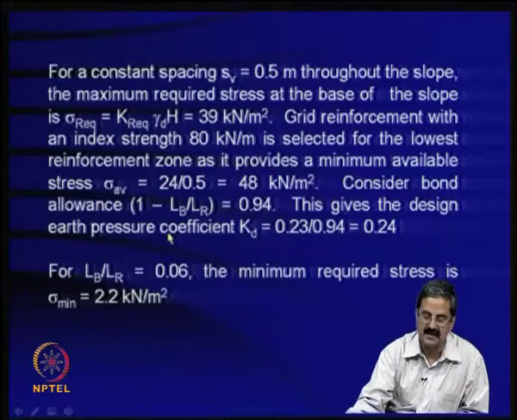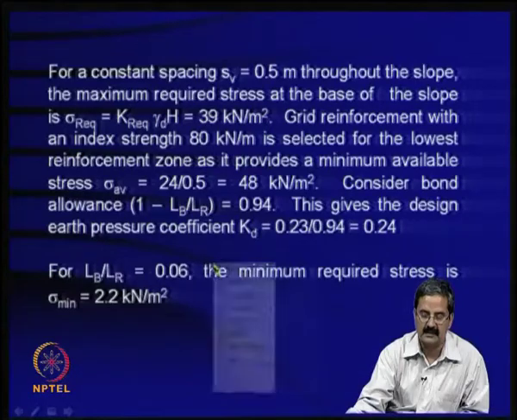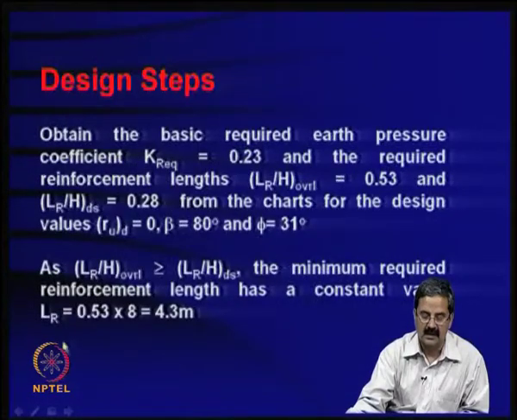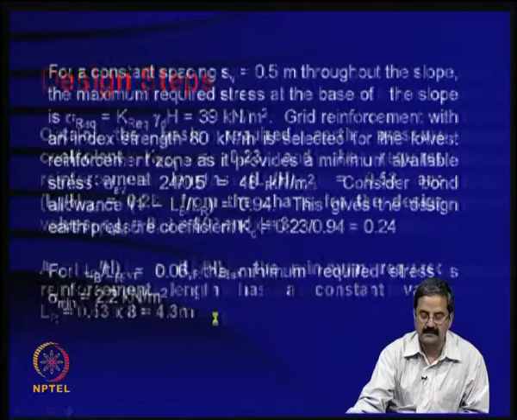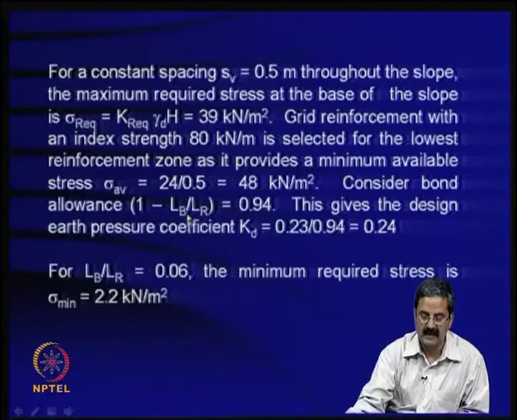So, considering bond resistance, 1 minus LB by LR, this is another one. The other one is that there is a calculation required for LB also, and LR we have already got from the previous diagram as 4.3 meters, and LB we have another expression for.